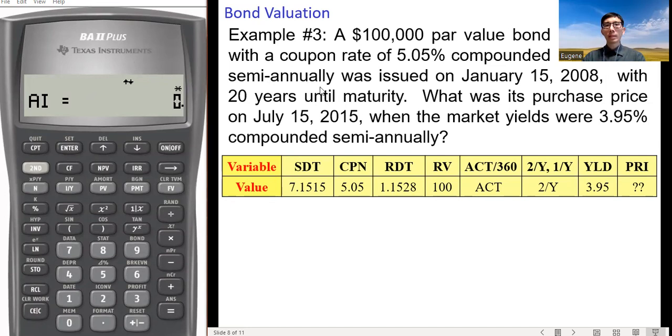So the coupon is paid on January the 15th and July the 15th every year until maturity. And the first coupon payment is on July the 15th, 2008. The settlement date, or the selling date of the bond, is July the 15th, 2015, which is on the interest payment date. So the accrued interests are all paid out. So AI equals 0.